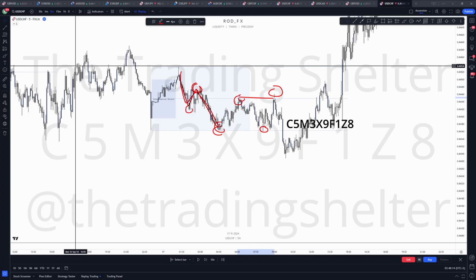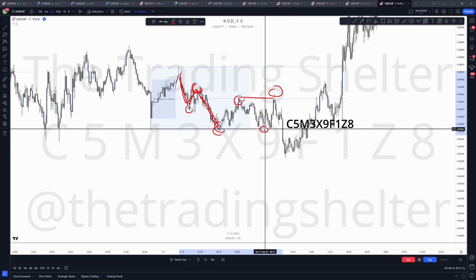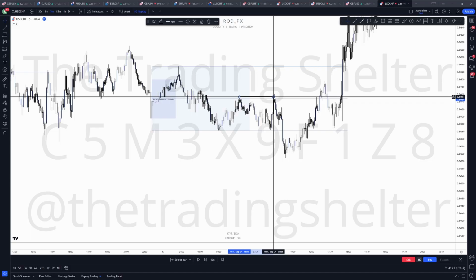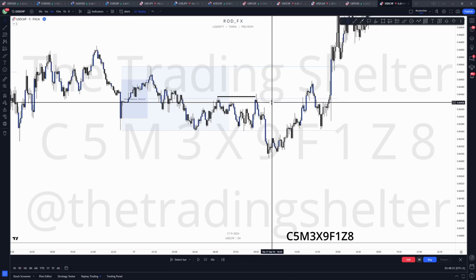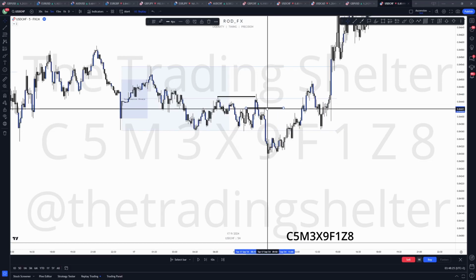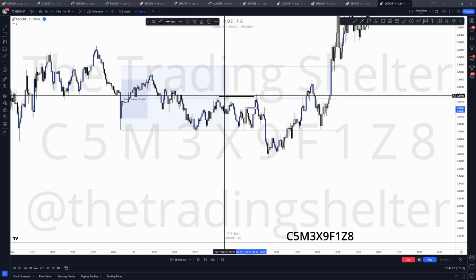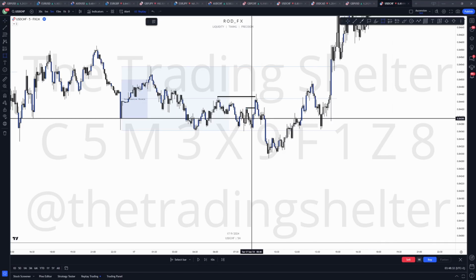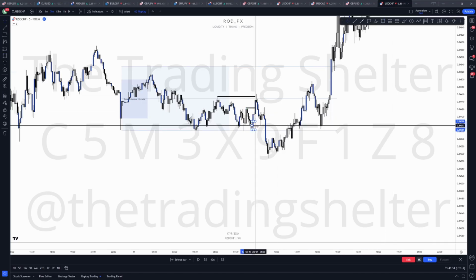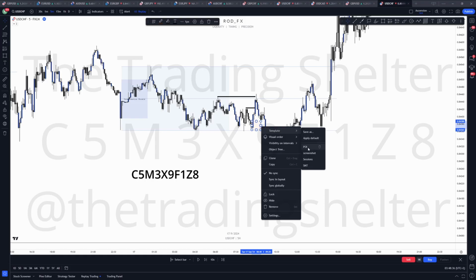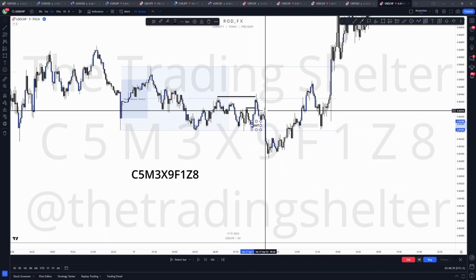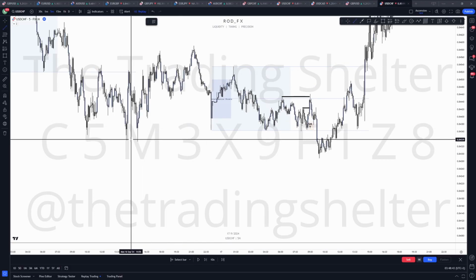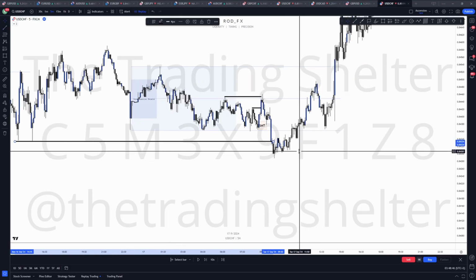Can you see it? This is the only thing I want you guys to do when you identify that FBOS. This is the IFBOS, but both of them tell the same story. It identifies this as being an SMT. We had a beautiful reaction, as you can see, and price went lower, right? In this liquidity.